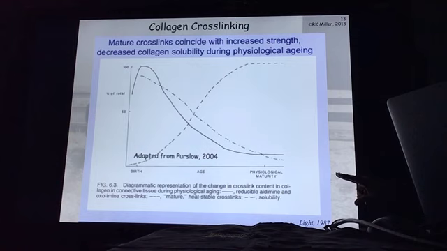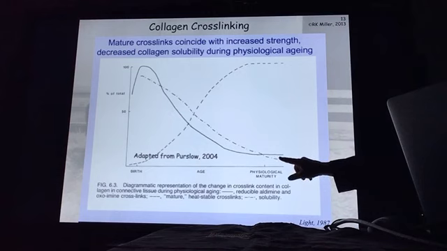And in this slide, he put these dark solid lines as reducible aldamine and oxoamine crosslinks. The single dashed line is the mature heat-soluble crosslinks. And then this dashed with dot line is the solubility.